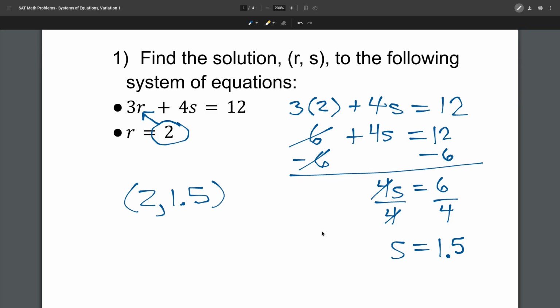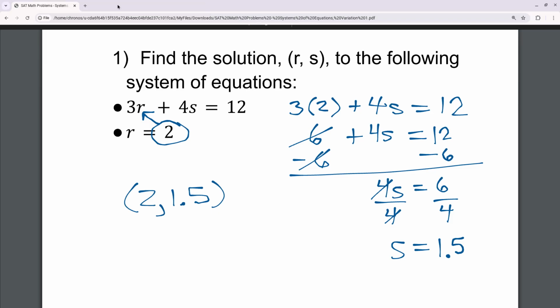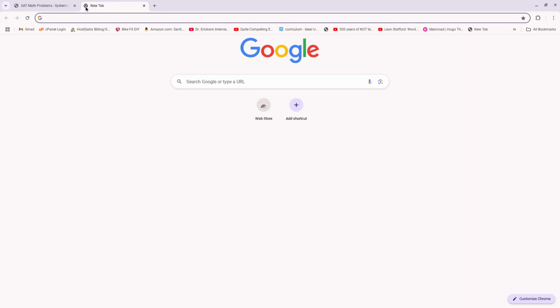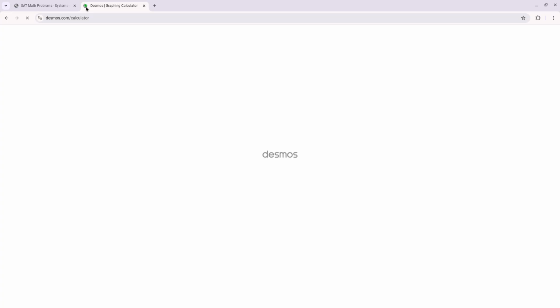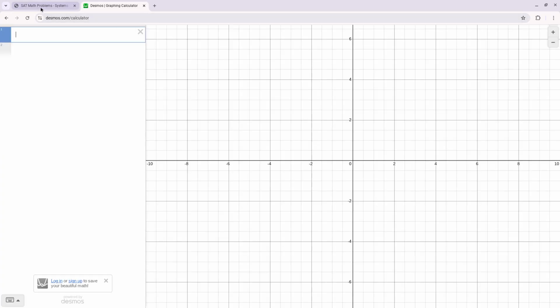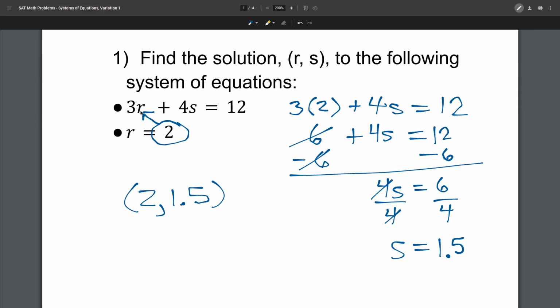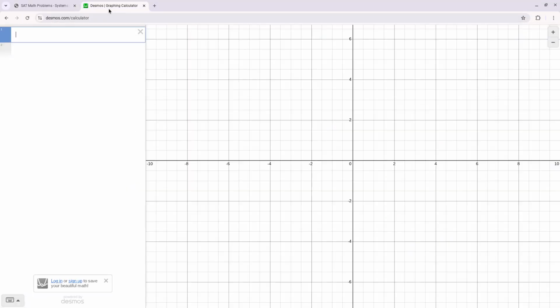Now it's good to know how to algebraically solve this. On the SAT, you're allowed, at least at the time of this recording, to use Desmos. So what you can do is put both of these equations into Desmos. So if I just go to my Desmos graphing calculator here, and instead of r and s, I use x and y, I'll have 3x plus 4y equals 12.